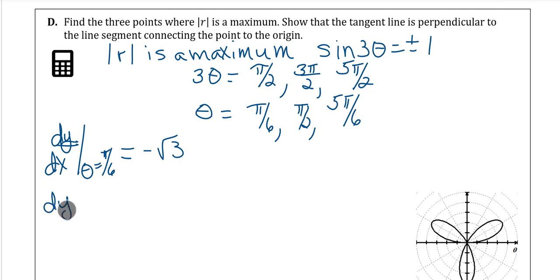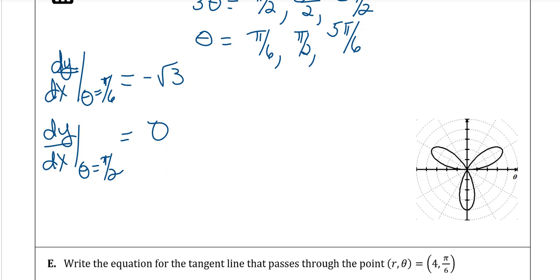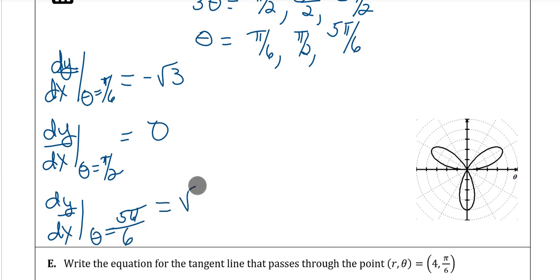And I'll just do that first for all three of these. And then the last one is dy/dx at theta equal to 5 pi over 6. And that's going to equal square root of 3.